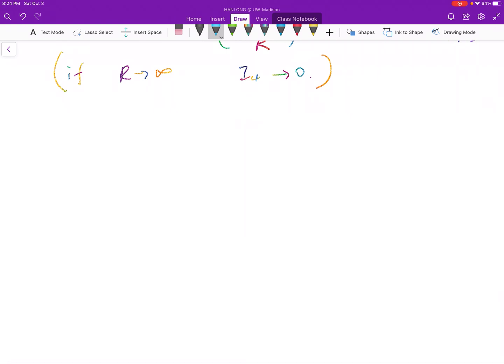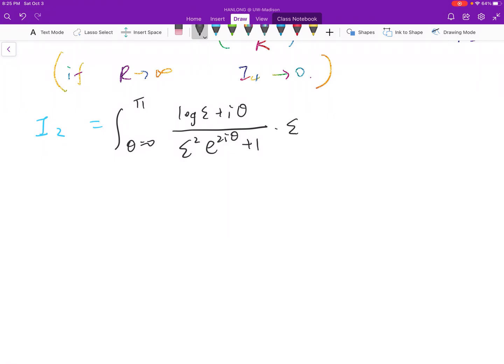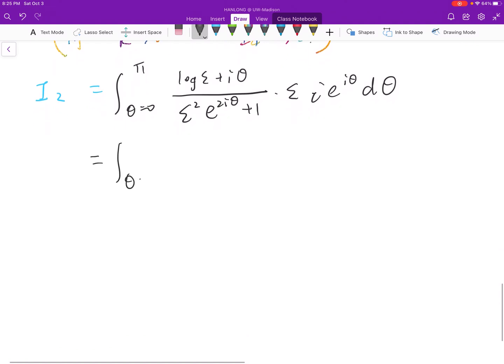Next let's look at the second term, I2. I2 is the integral from 0 to pi of log epsilon plus i theta divided by epsilon squared e^(2i theta) plus 1, times epsilon i e^(i theta) d theta. Similarly, you separate the two terms.